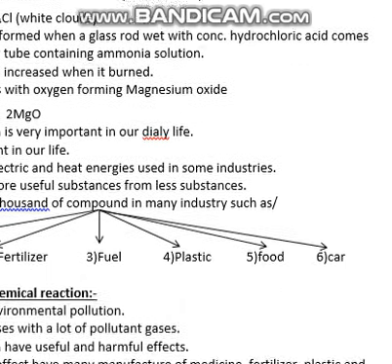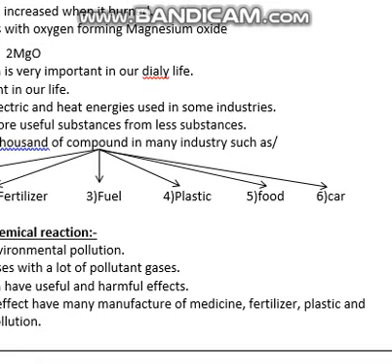Okay, so the chemical reaction is very important in our daily life. Why? You obtain electric energy and heat energy from some industries, obtain useful substances from less useful substances, and prepare thousands of compounds of many substances in industry, medicine, car batteries, fuel and food, fertilizers, or the manufacturing of plastic.